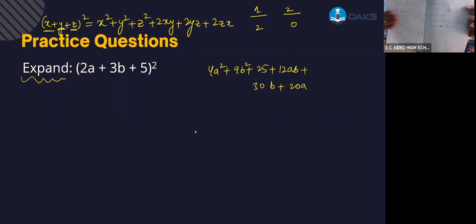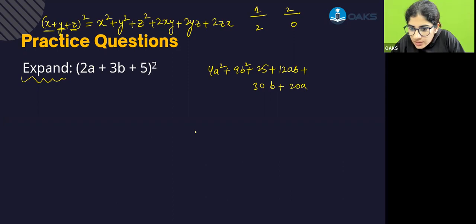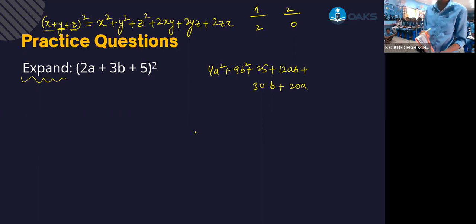Okay, I have seen, you have opened the identity. You have written x square plus y square. You need to write 2a, 3b, and 5 in the place of x, y, and z. Can you dictate the answer?